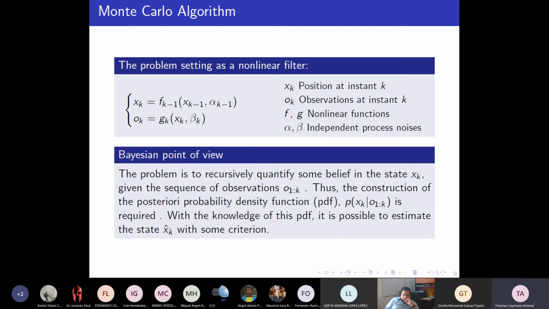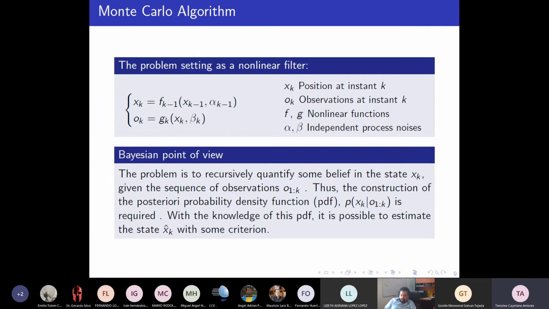The nonlinear filter can be seen from a Bayesian point of view, which considers that it is necessary first to construct the posterior probability density function in order to obtain the variable xk. So the problem is how to construct a PDF, the posterior probability density function, and from that obtain the state xk.